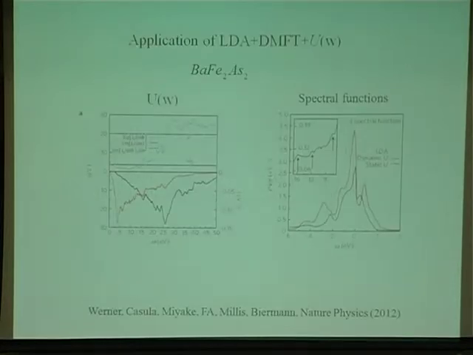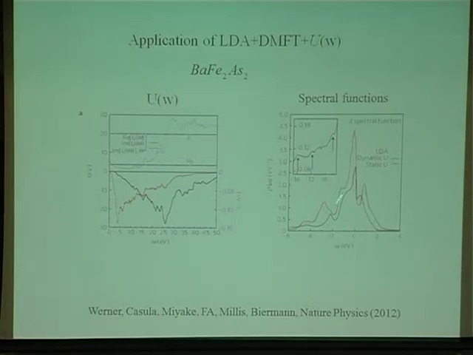We have actually done some LDA plus DMFT calculations, so there is no GW here, just to illustrate the effect of the dynamic U. This is for one of the pnictides. If you look at the spectral functions and compare the static and dynamic U, one can see a significant band narrowing coming from the frequency dependence of the interactions.